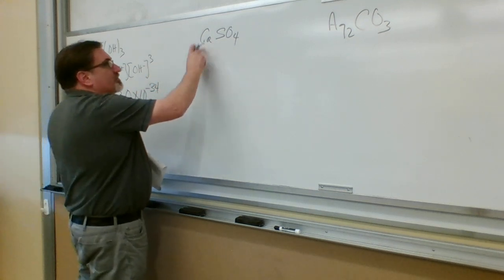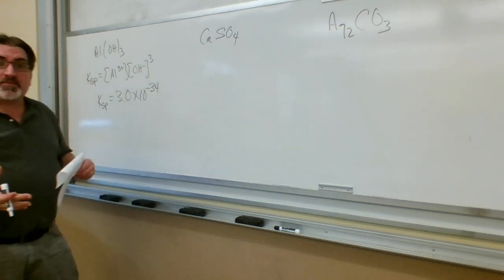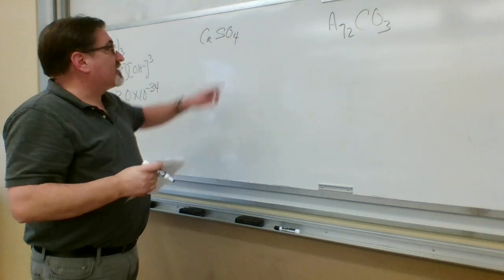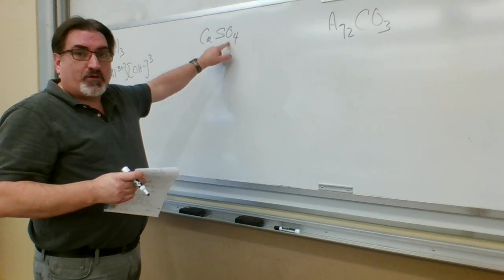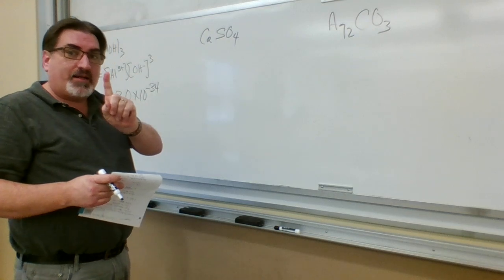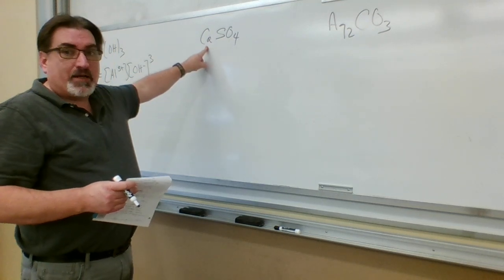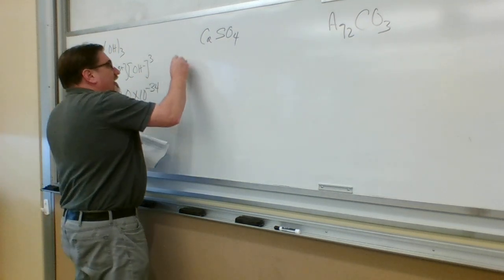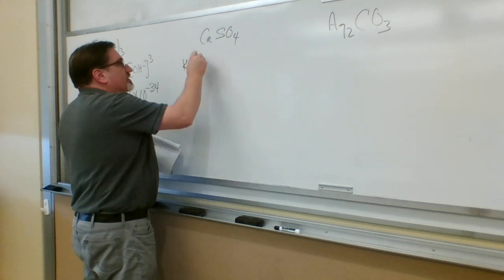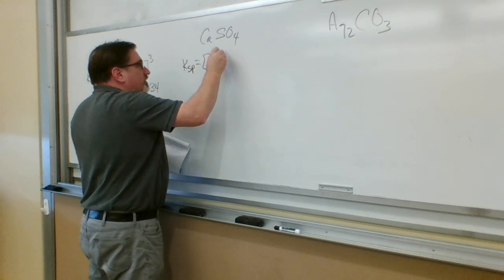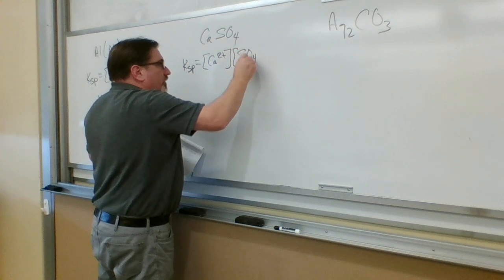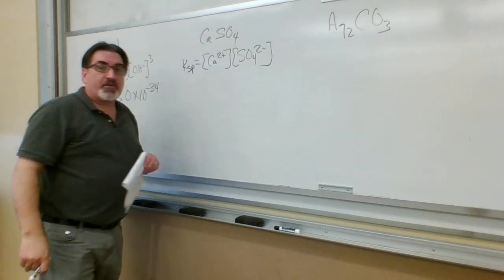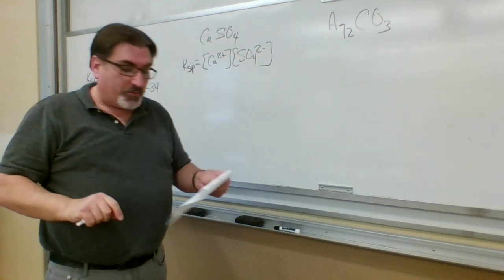Next up, we got calcium sulfate. So we have a different set of subscripts. We have to remember that SO4 2- is the formula for sulfate, so there's 1 sulfate ion. There's 1 calcium ion. So the KSP for this substance is the concentration of Ca2+ times SO4 2-, each to the 1st power, because there's 1 ion in the formula.